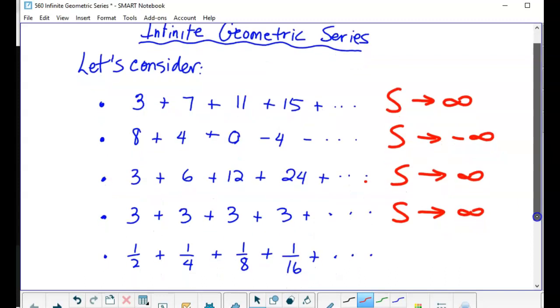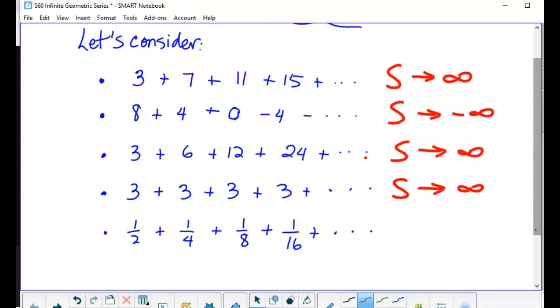Next one, 1/2 plus 1/4 plus 1/8. So each term there, so this is a geometric. You're multiplying by 1/2 each time. Okay, so the term values are getting smaller now. Not negative smaller, just smaller actual values. So each time you're finding a sum, you're adding on a little bit smaller amount than the last time.